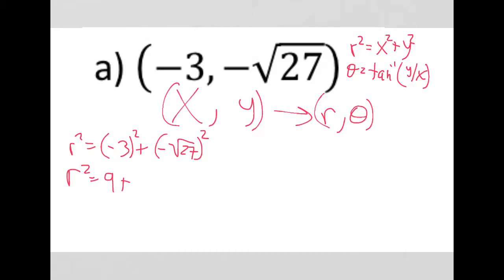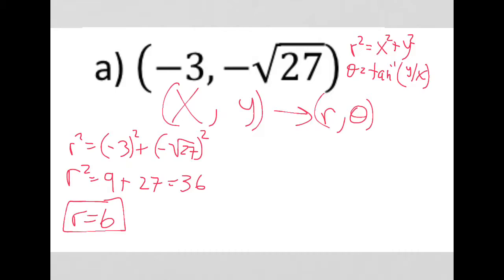Plus, if you're squaring a square root, you are essentially undoing the square root operation, which means we will get our 27. And notice that it is a positive 27 because we're taking a negative number and squaring it. So yes, it will be positive. So r squared equals 9 plus 27, which is 36. And so if we square root both sides, r equals 6.